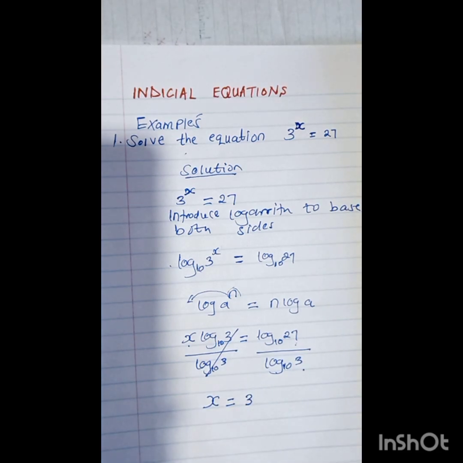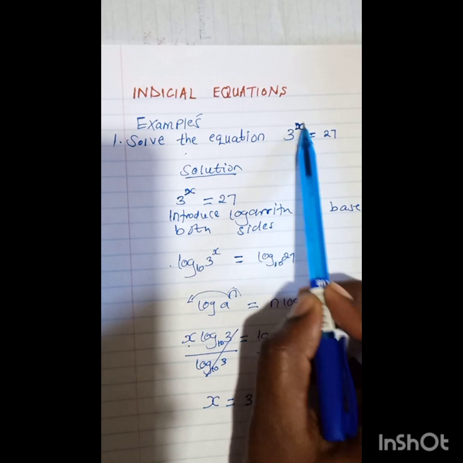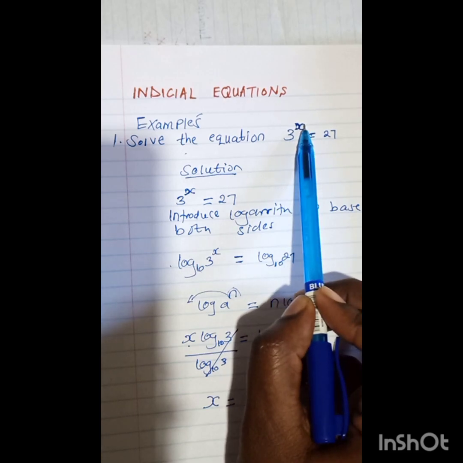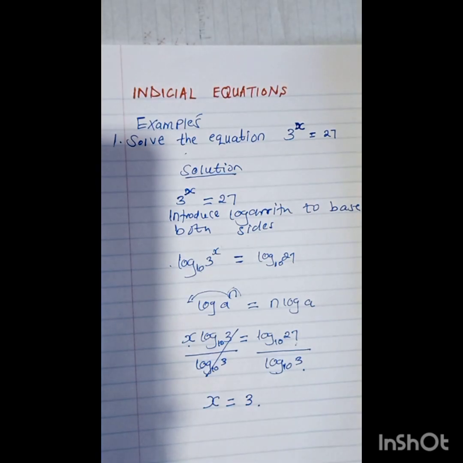And then our value of x becomes 3. You can confirm this. If you have 3 raised power x here and x is 3, you will have 3 raised power 3, which is what? Which is 27. So that's how we solve some of these index equations that involve powers.